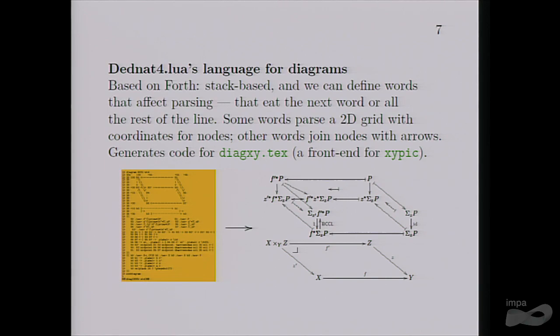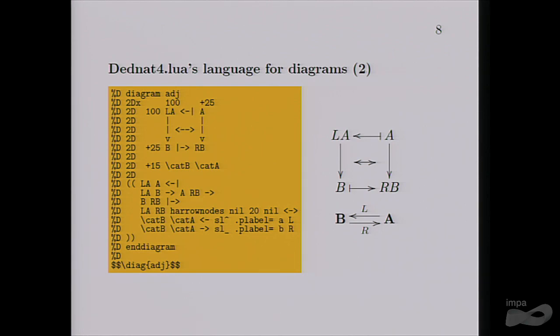You can have a word here that advances the parser pointer, and it treats this thing here by itself. I call these words that eat text. So this is an example that is easy to understand. This example here generates this diagram. Note that this is a two-dimensional version of this.